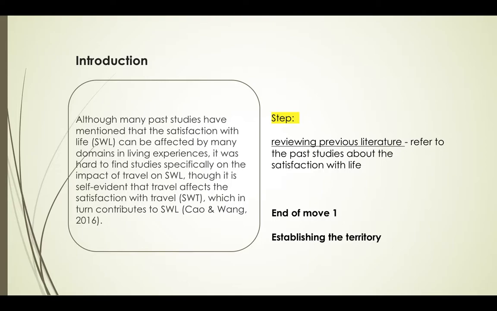In the third paragraph, I will review the past studies about satisfaction with life. So this is the end of Move 1, establishing the territory about my research topic, the impact of high-speed railway on the satisfaction with travel and the job housing relationship.